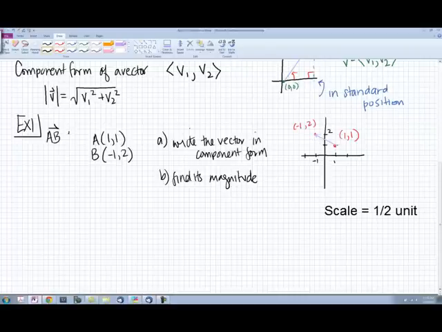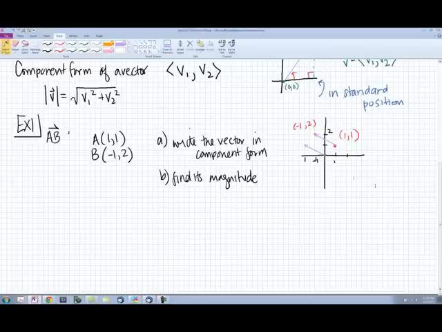It's going to point from the initial all the way to the terminal, but I want to write this vector in component form. So what you need to do is think about what this vector would look like in standard position. If I were to take that vector and slide it over so that it's in standard position, where would it be pointing?